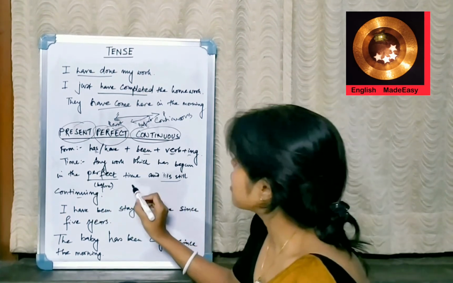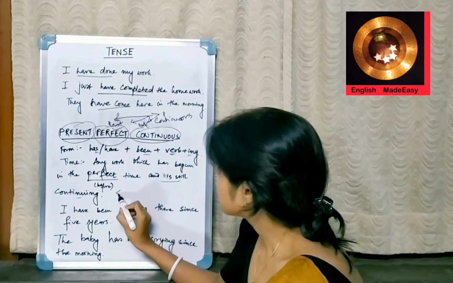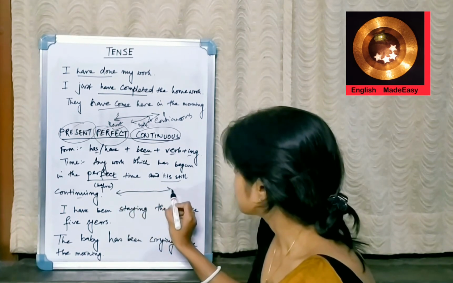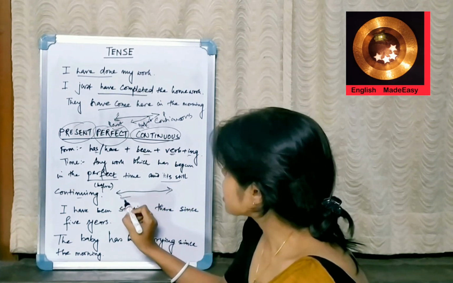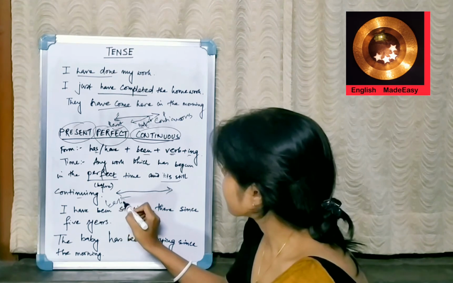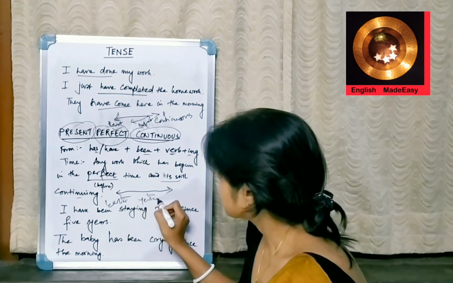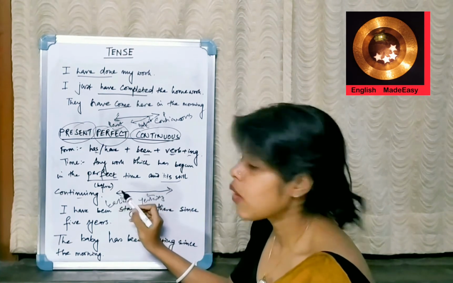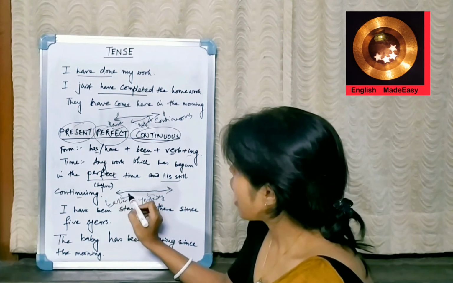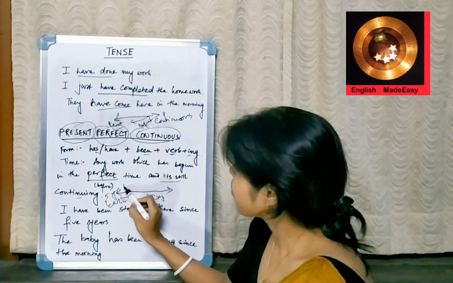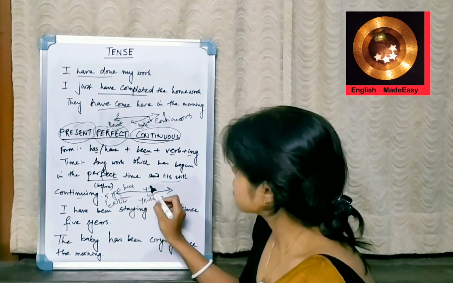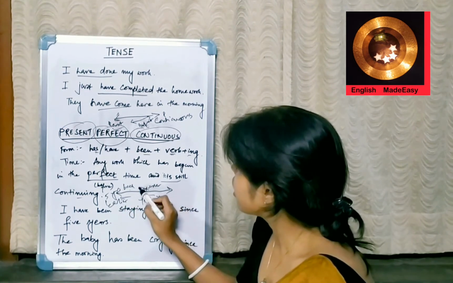What is the timeline then? It has begun earlier. Either it can be yesterday or the work can happen 5 years back, or it is yesterday or 3 days back.